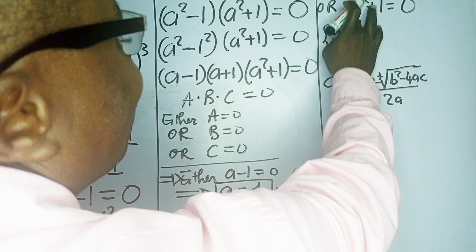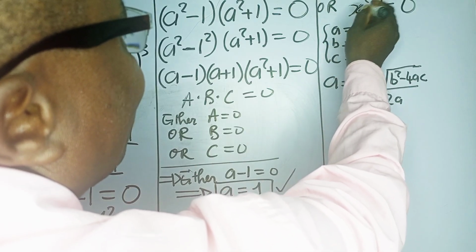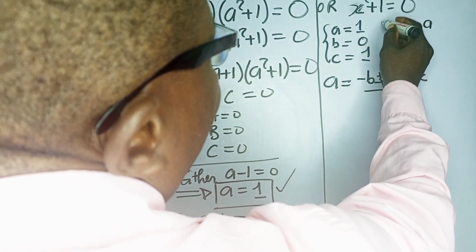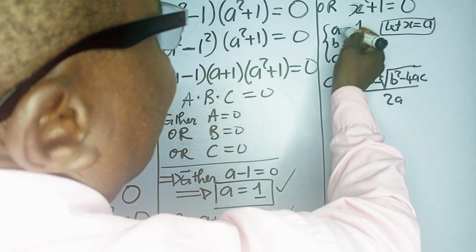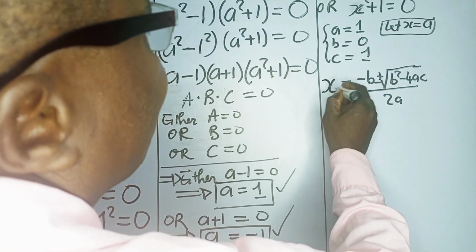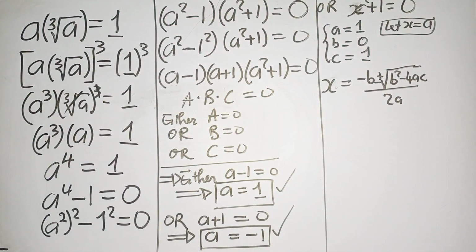So let x be a in our equation, so that we don't get things mixed up. Our expression is x squared plus 1 equals 0. So we'll have x equals negative b plus or minus the root of b squared minus 4ac all over 2a.